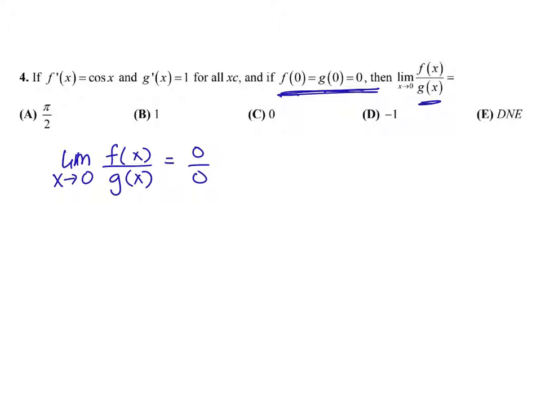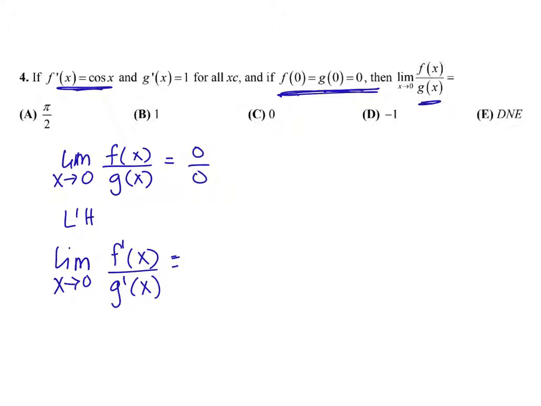That's what this portion is letting us know. So by L'Hopital's rule, we're going to look at the limit as x approaches 0 of f prime at x over g prime at x. And this is where they've told us that that is really going to be the limit as x approaches 0 of cosine of x over 1. So that's going to give us 1 over 1, which is 1.